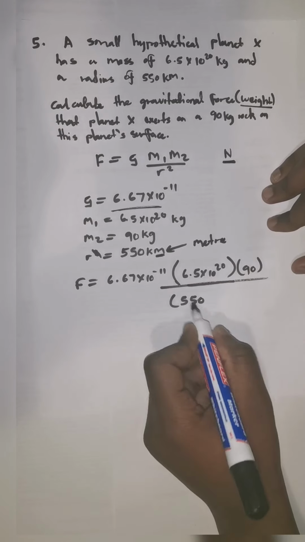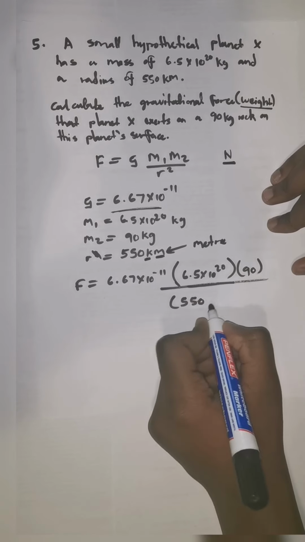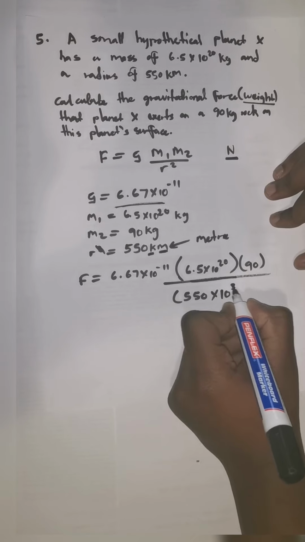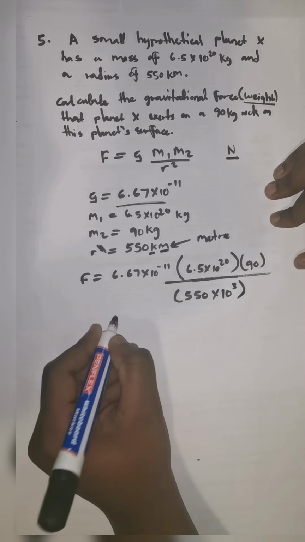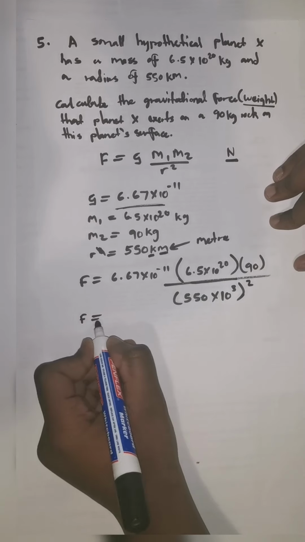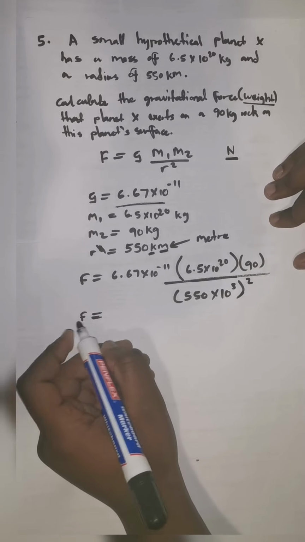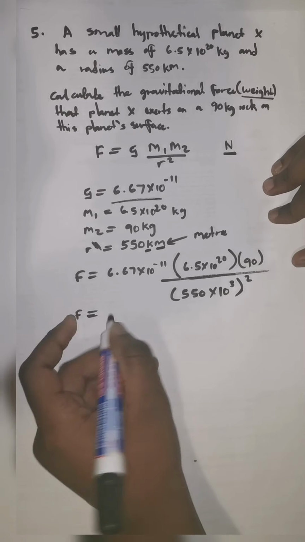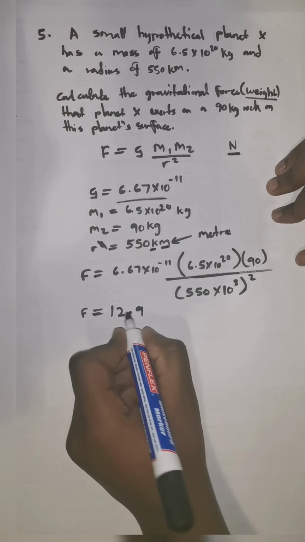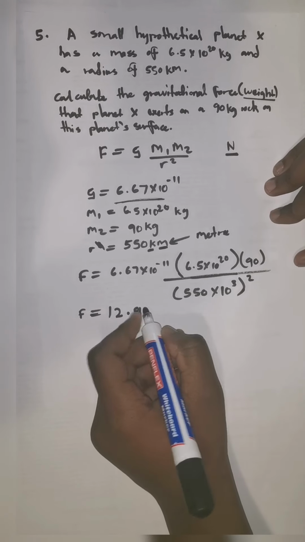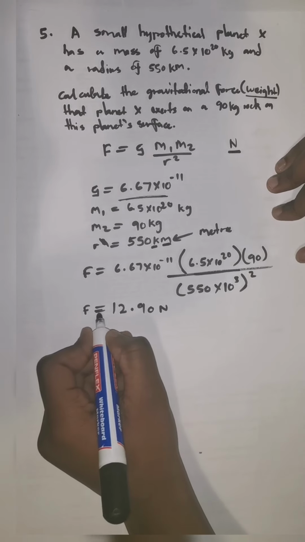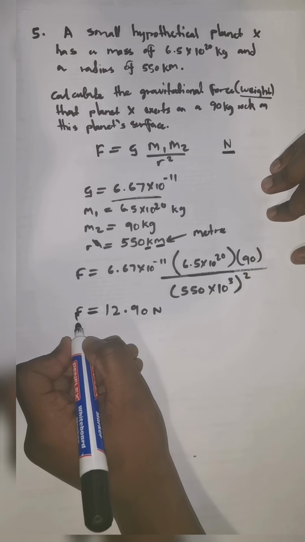But as you can notice right here, we have a kilo, so we're going to say times 10 to the 3, squared. So when you punch this into the calculator, you'll find out that the gravitational force is 12.90 newtons. Actually, round this to 2 decimal places.